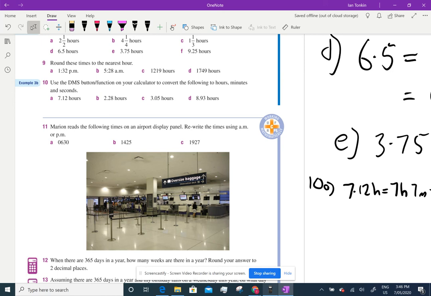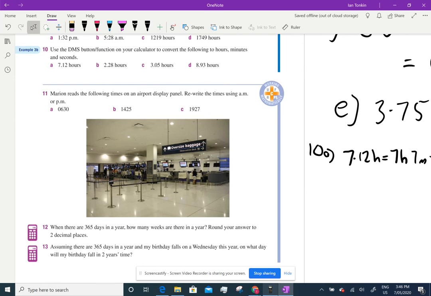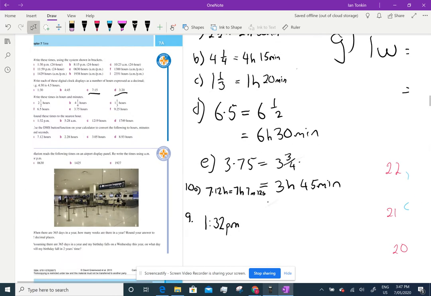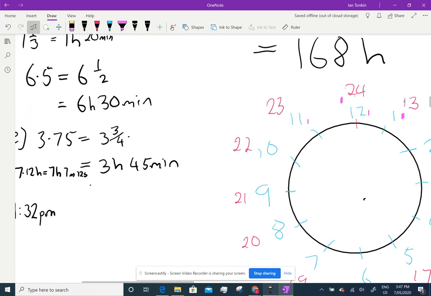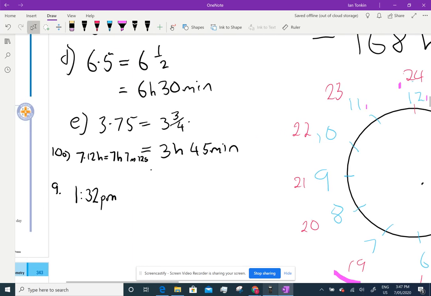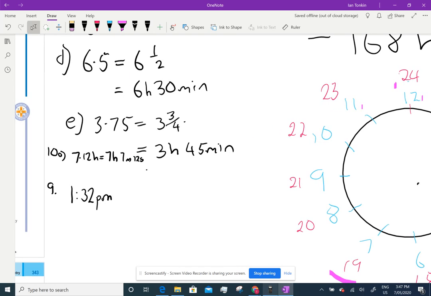So I'm going to do A and C, and you try B and D. So 9, I've got 1 hour and 32 p.m. So if I look at my clock, and I'm just worried about the minute hand because I'm worried about where is it closer to 2 p.m. or is it closer to 1 p.m.